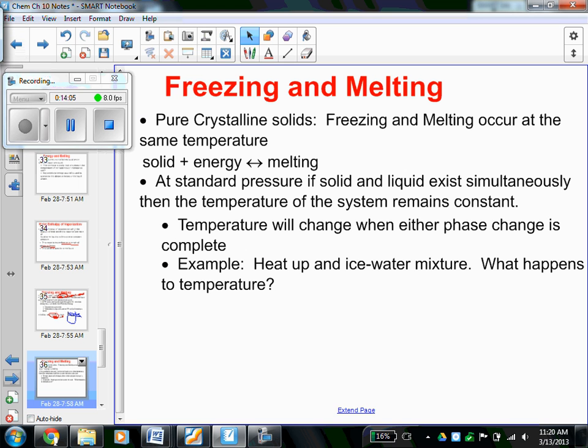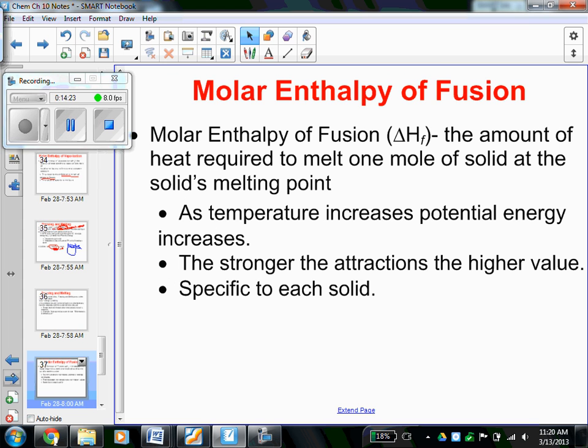If I have pure crystalline solids, freezing and melting occur at the same temperature. At standard pressure, if solid and liquid exist simultaneously, then the temperature of the system remains constant. Temperature will change when either phase change completes. Example: heat up an ice water mixture, what happens to temperature? I think I've already discussed this. Now, the molar enthalpy of fusion is the amount of heat required to melt 1 mole of solid at the solid's melting point.